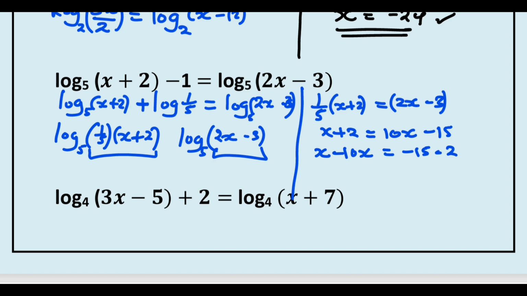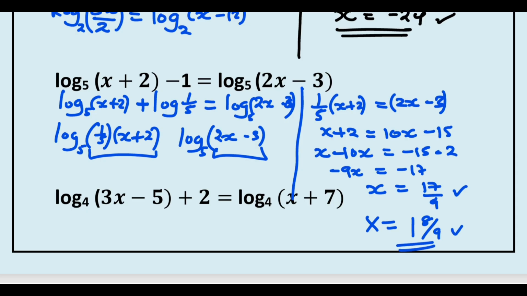X minus 10x is -9x is equal to -17. So therefore your x will be positive 17 over 9, which you can simplify. X will now become 1 and 8 over 9. That becomes the final answer for that question.